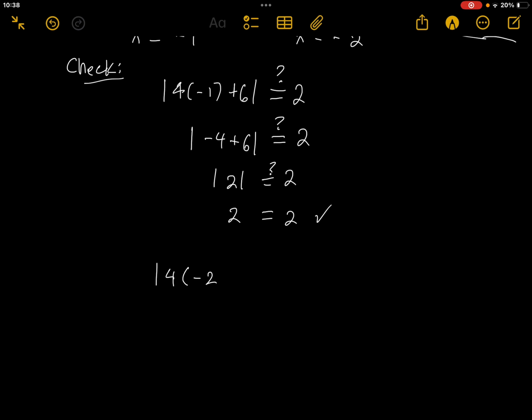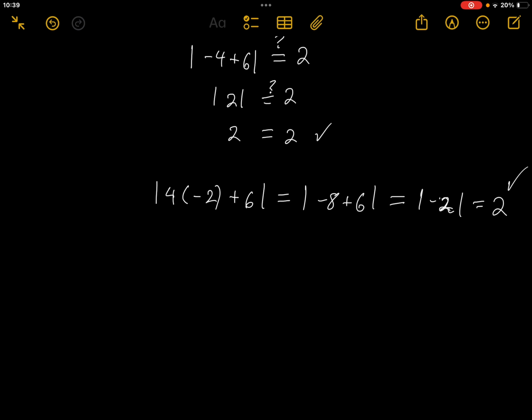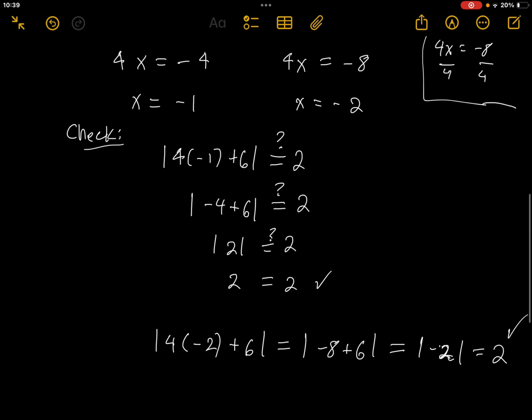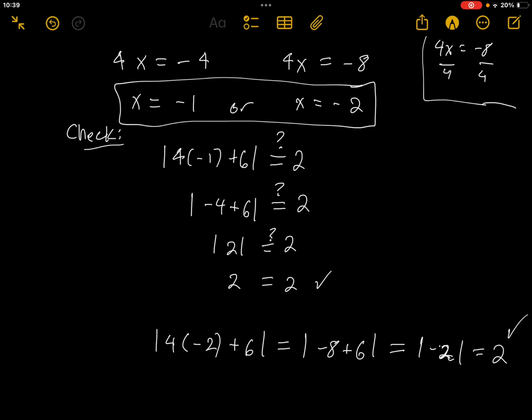If you plug in negative 2 into the left-hand side, you are going to get 4 times negative 2 is negative 8. Negative 8 plus 6 is negative 2. What's the absolute value of negative 2? It's just 2. So the left-hand side really is equal to 2, so that checks. This is another way of checking your work, by plugging in on the left and just checking that you get the thing on the right. So the solution is x is negative 1 or x is negative 2. Those are the two possibilities for x.